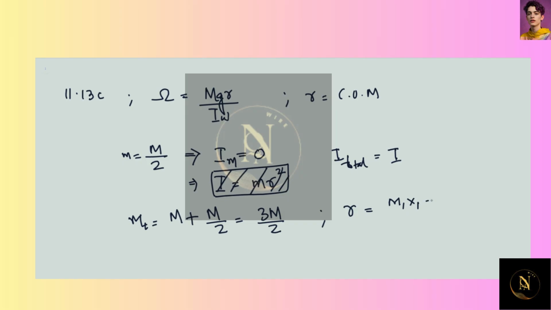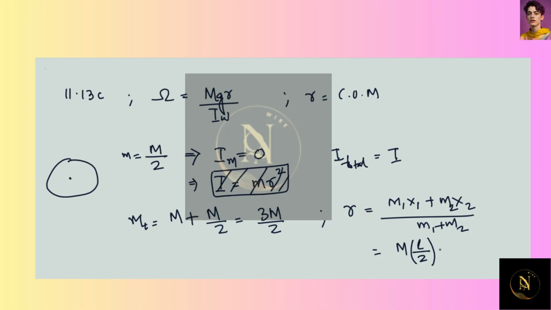so we will use this formula for the center of mass. m1 is the mass of the wheel, so that is m. x1, which is the distance of the wheel from the axis of rotation, is L over 2, the radius. m2 is the small m, and x2 for that is just L, which is the length of the axle.